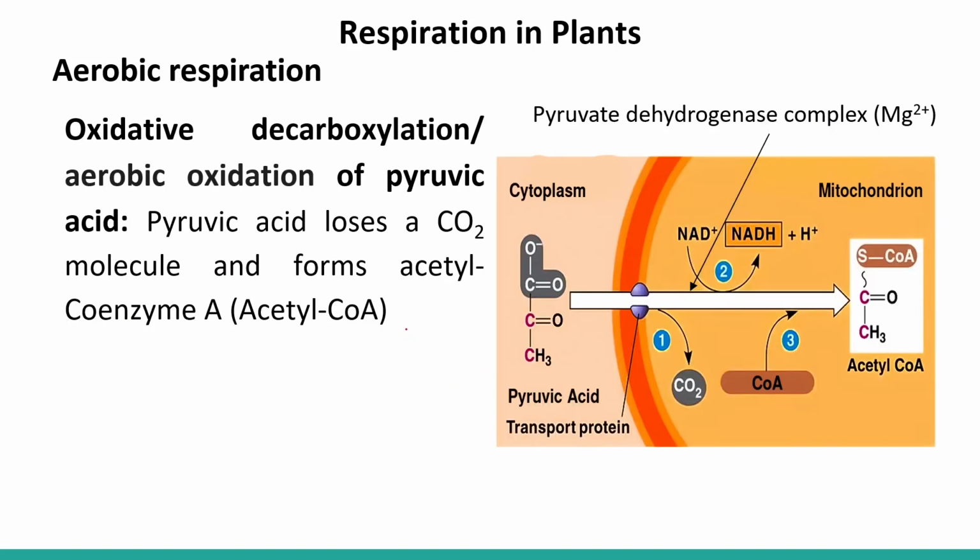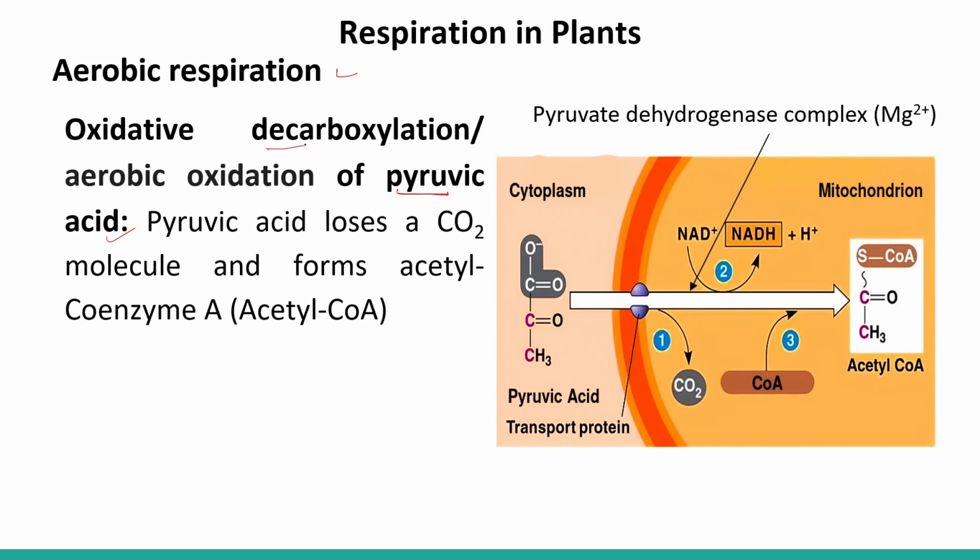Now let's move to aerobic respiration. We have already talked about glycolysis. After glycolysis, the pyruvic acid which is formed should enter the Krebs cycle, but pyruvic acid doesn't enter the Krebs cycle directly. Pyruvic acid is first decarboxylated.